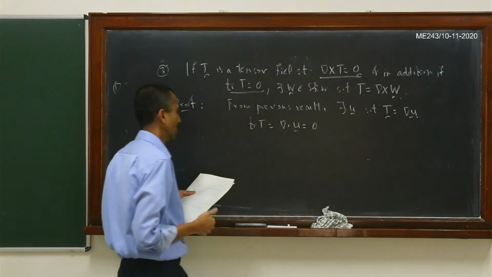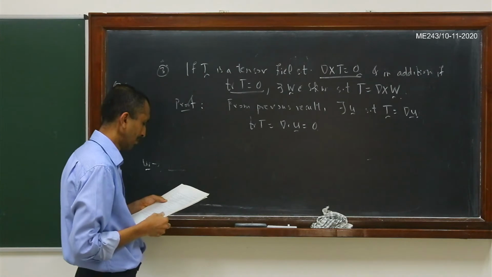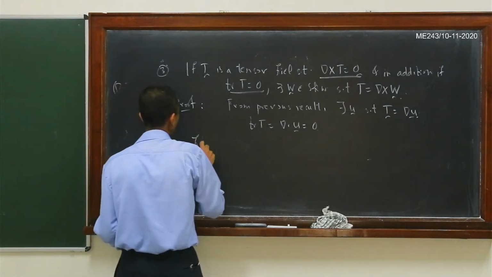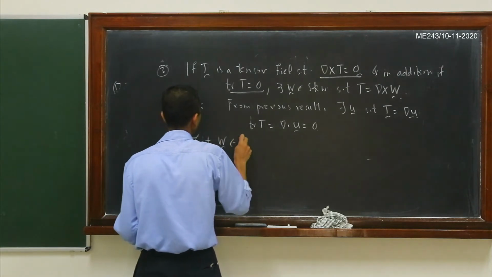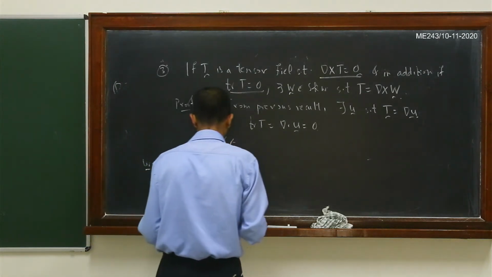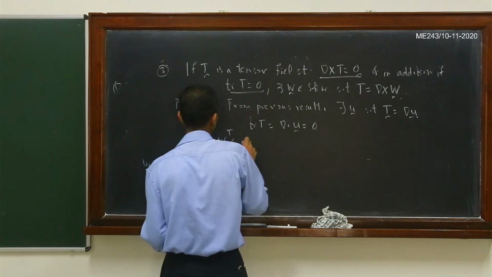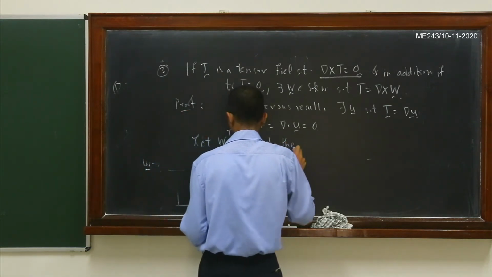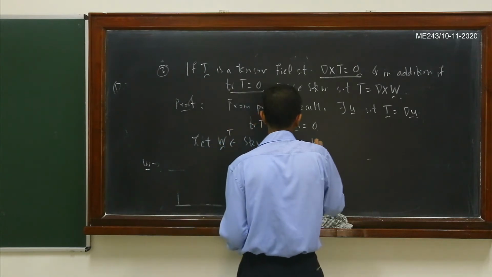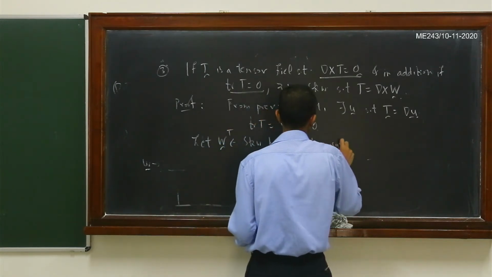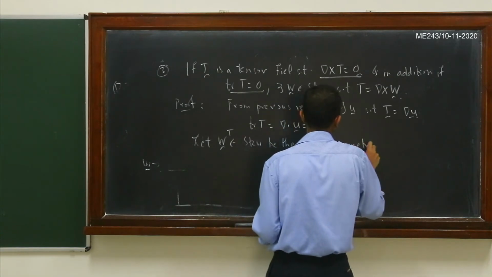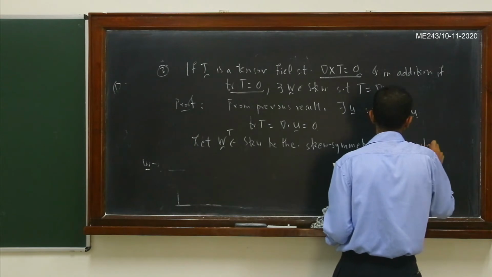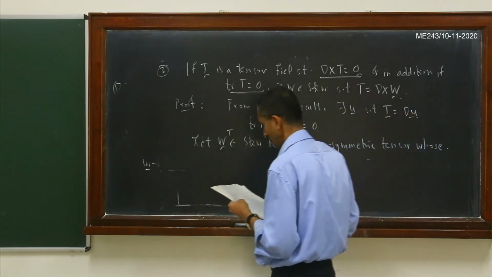Okay, so this is the constraint that we are putting on this one here. Right, now let W transpose belonging to skew be the skew symmetric tensor whose axial vector is U.